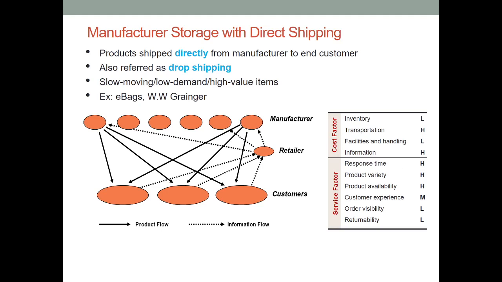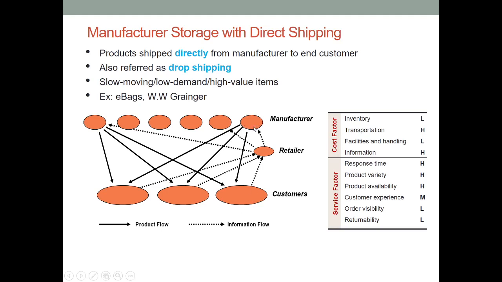Okay, so this is the impact on the cost factor and service factor when choosing this distribution network. For the cost factor, inventory is low. Class, the indication for this one: L is for low, H is for high. In this network, the inventory is low because after the manufacturer manufactures the product, they will send it straight to the customer.